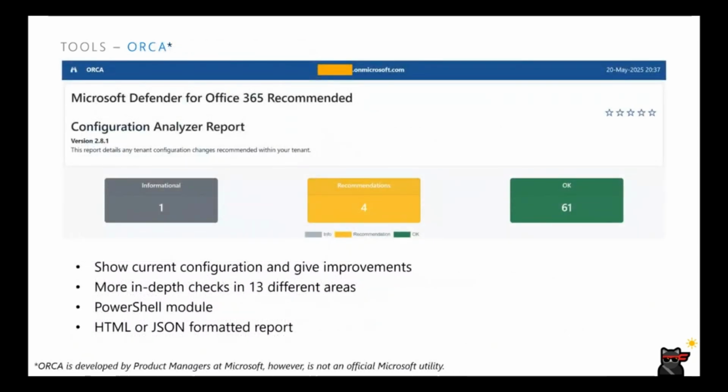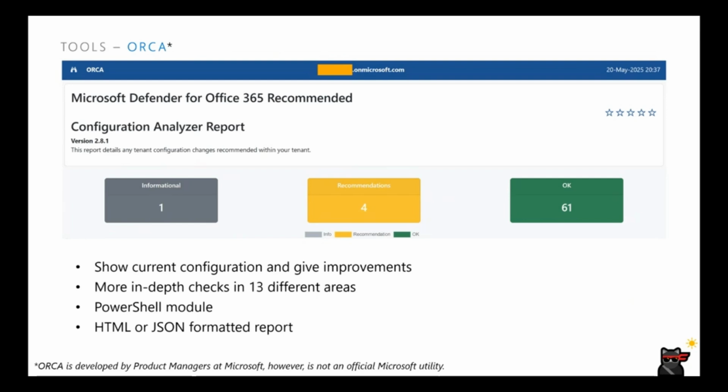But we also have the community tool Orca, developed by Microsoft product managers. It's not an official tool, but it's very, very handy. It's a PowerShell module that you install and then run, logging into your tenant with appropriate permissions, like global reader as the least privilege, and then run that module to get an HTML report that you can save and send out to anyone who wants to know how things look.